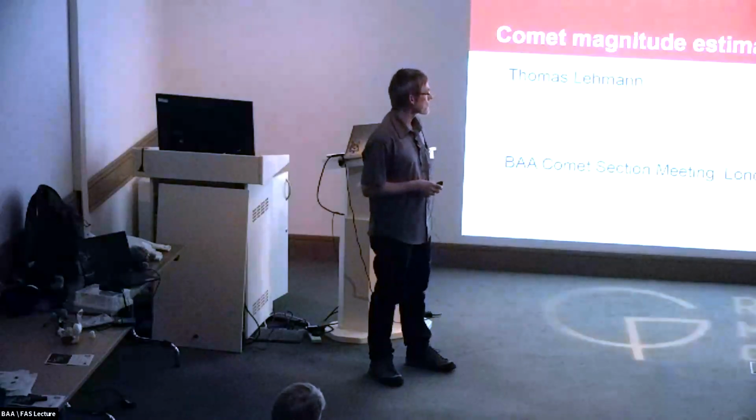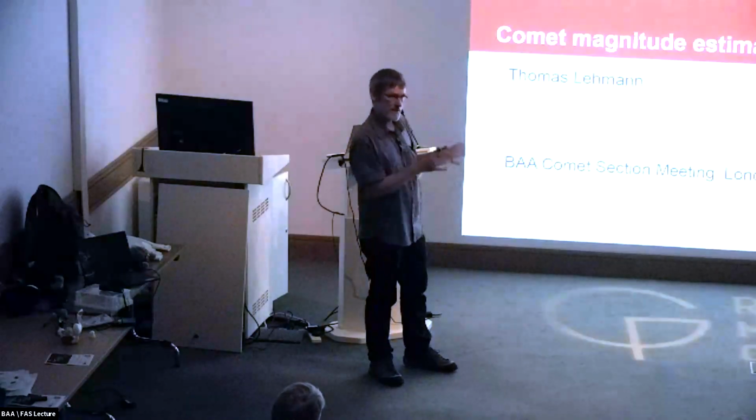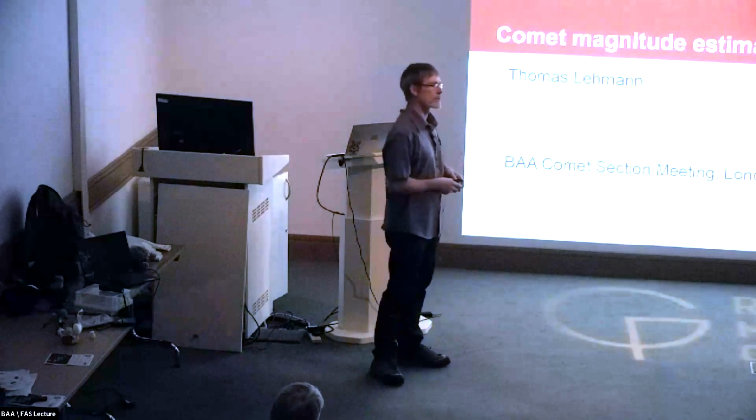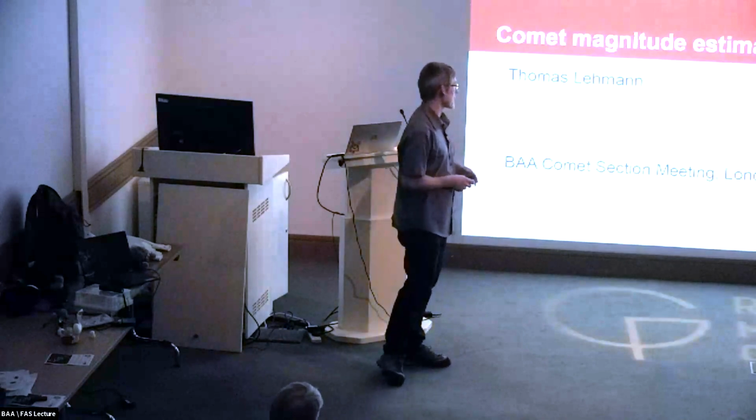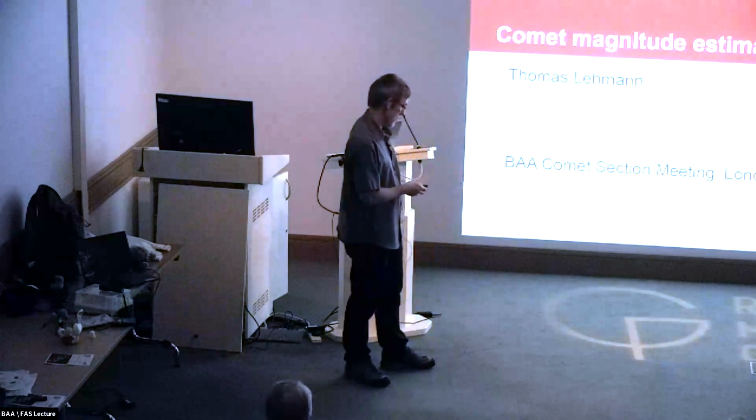Comet photometry is an area where visual and photographic observers, amateur observers, are contributing very valuable data, as we have seen in the previous talks already. Now I'm going to talk a bit about how to get those magnitudes using my AIRTOOLS software.